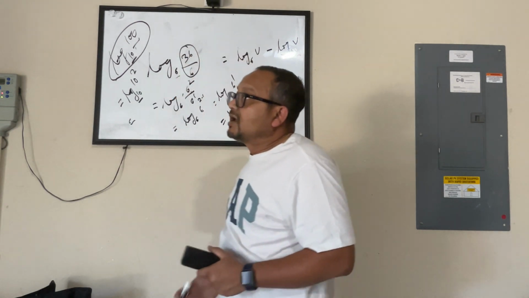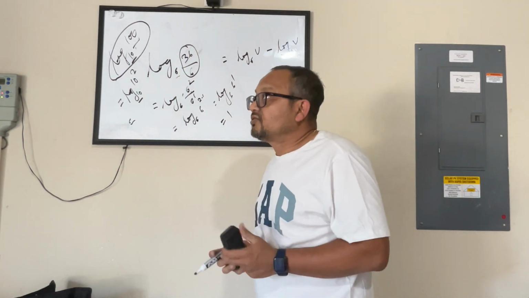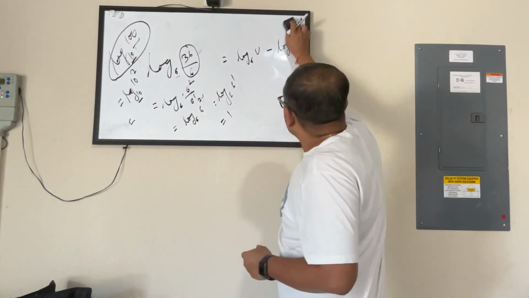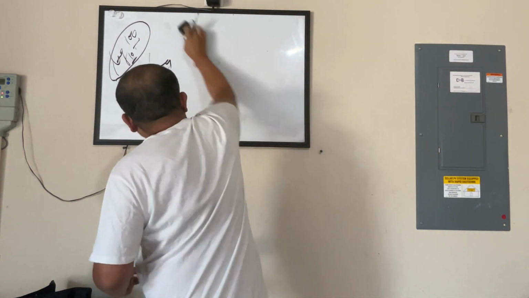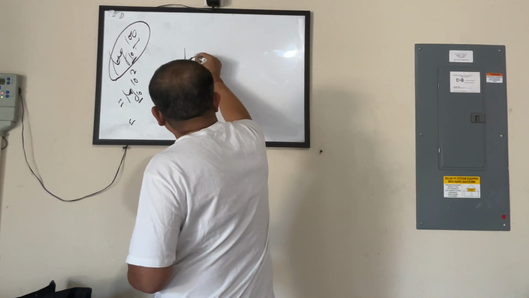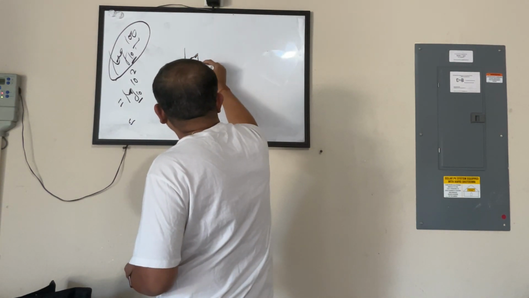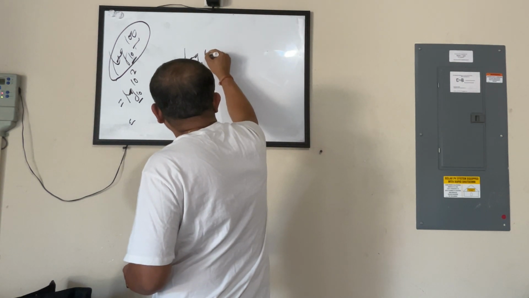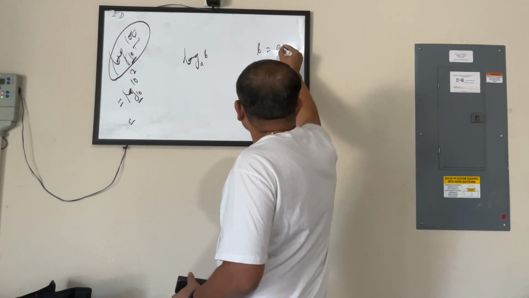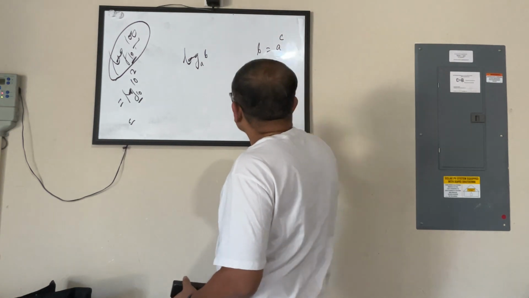So in terms of the story, if I have to write something as this, okay, if I know that b equals a to the power, let's say, c.